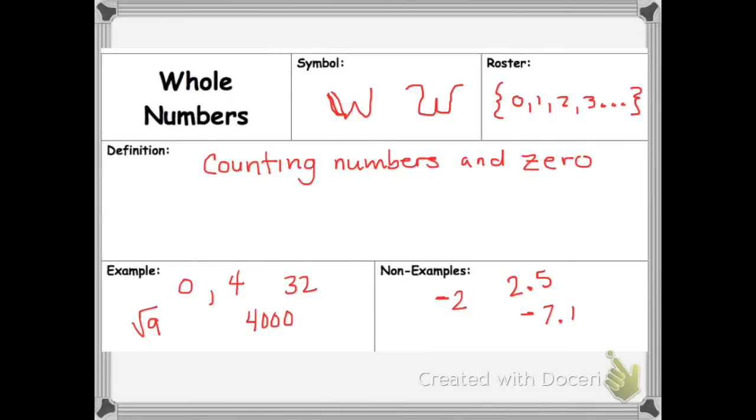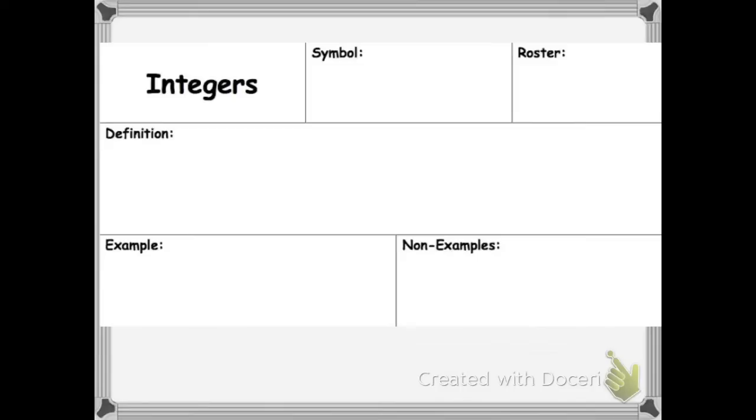All right, and again, then we'll move to the next slide. So our next set is integers, and the symbol for integers is a Z with a double bar. Almost looks like a capital I for integers, but it actually comes from the German word Zahlen for number, but it is a Z with a double bar.